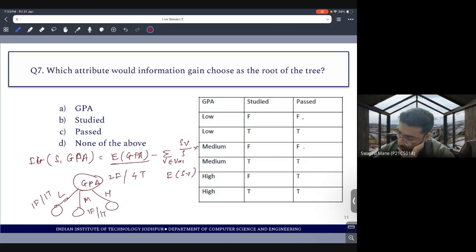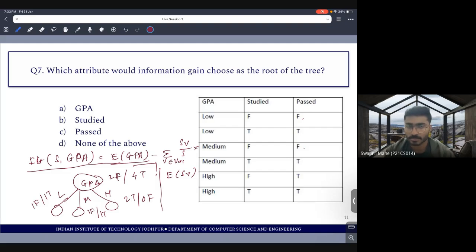For high we are getting 2T and 0F, right? So GPA has a total of 2F and 4T, and after splitting by L we are getting 1F 1T, by splitting by M we get 1F 1T, and by splitting by high we get 2T and 0F, right?